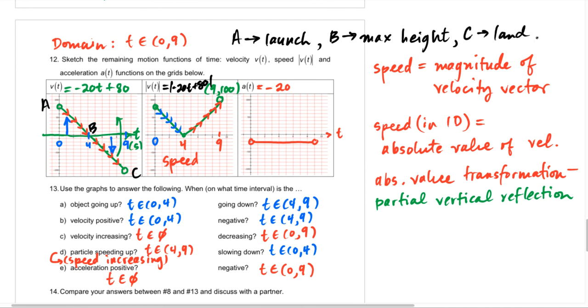So hopefully this clears up some of the misconceptions you had in physics, and you can see it's a quick exercise to sketch the quadratic, the linear, the absolute value, and the constant function graphs to help understand the physics concepts a little bit better. That's all for now.